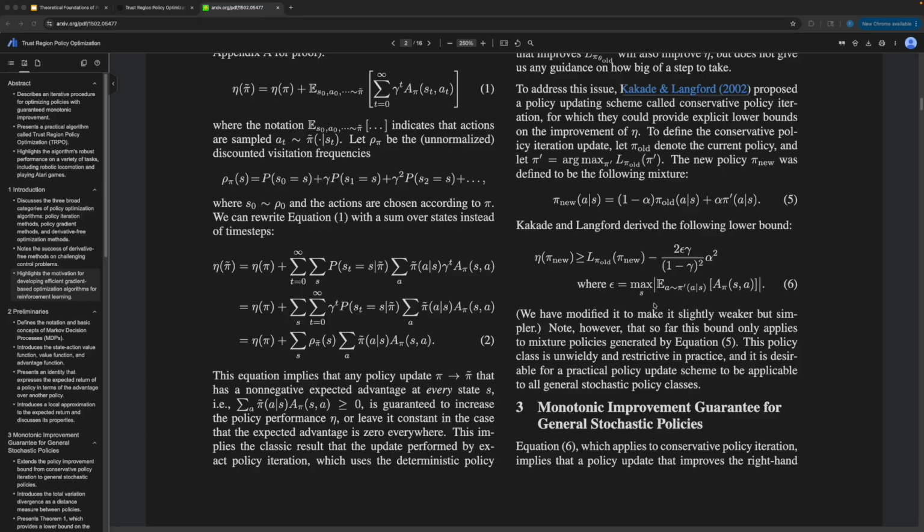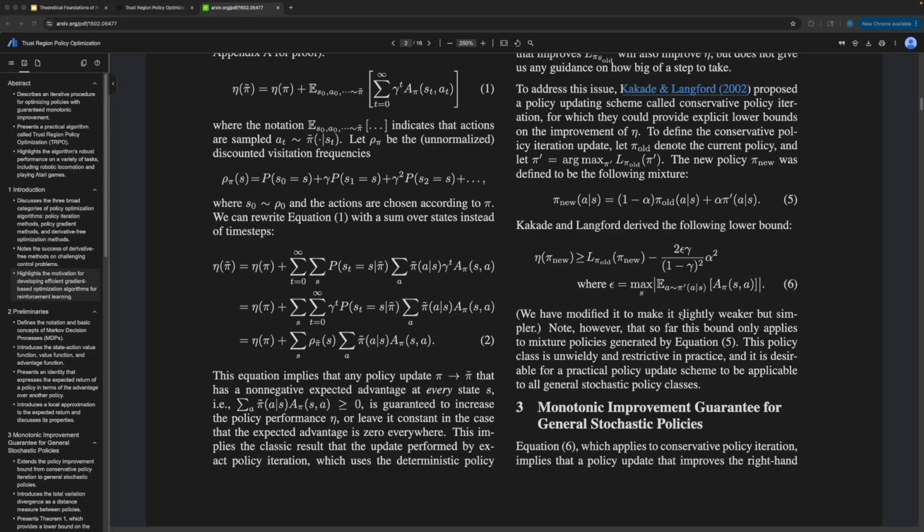Epsilon is the maximum across all states of the expected advantage of your actions, where the actions are being sampled from π'.